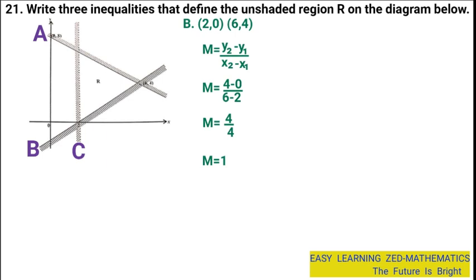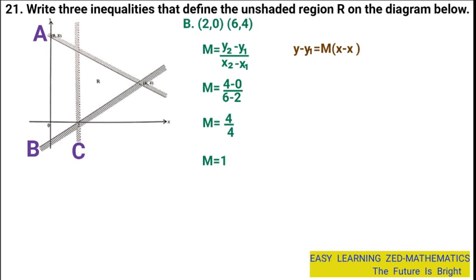What we're going to do now is write this. To find the equation for this line, we're going to use this method, where we write y minus y1 equals the gradient, open bracket, x minus x1.